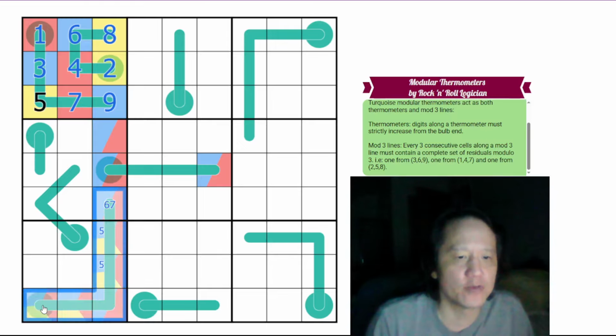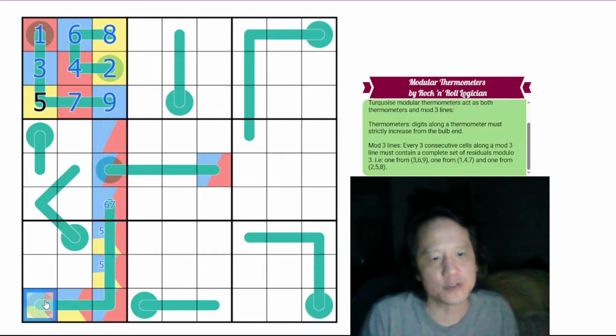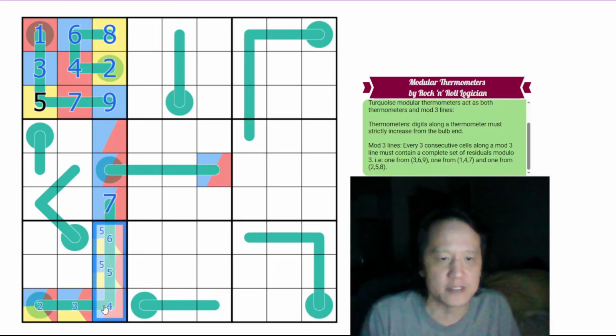Let's go along the thermometer and say what digits these can be. Actually, let's go from the base. This is at minimum 1, but it can't be 1 because of the 1 in the column. So this is at minimum 2, 3, 4, 5, 6, and 7. Well, since this can't be 8 or 9, this has to be a 7, which means these have to be the minimum here.